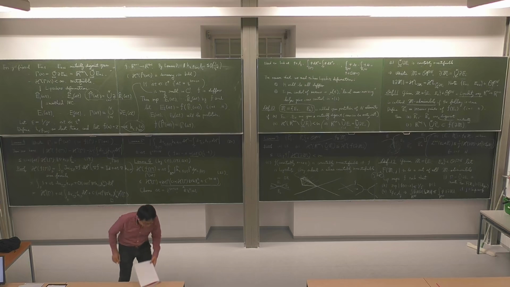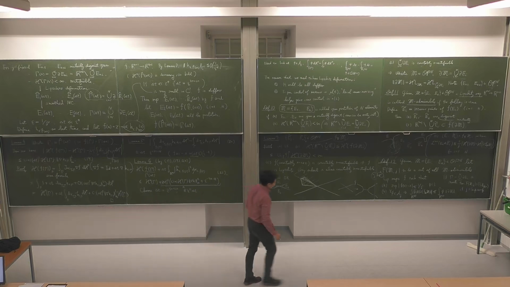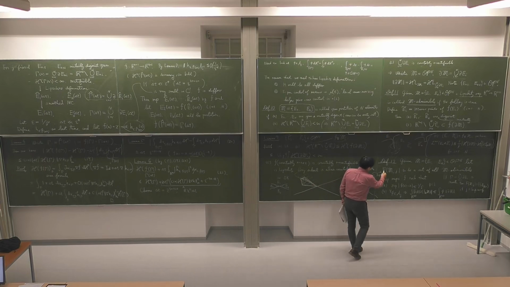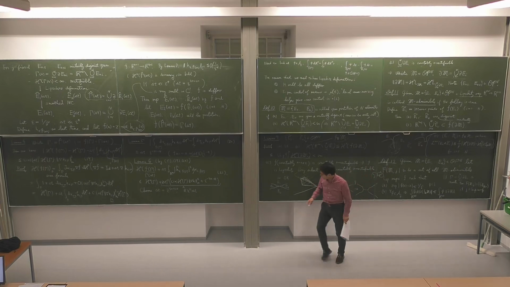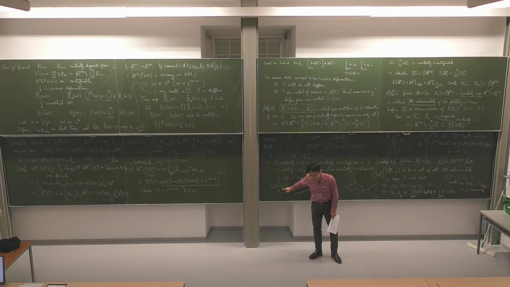So this class of admissible functions is non-trivial when you have something like a typical picture where you can reduce the length locally and drastically. Then this class is going to be non-trivial.